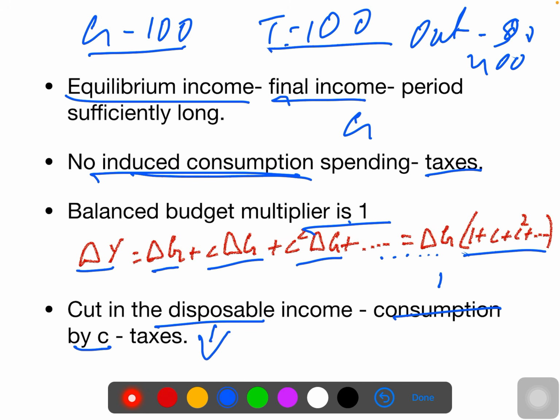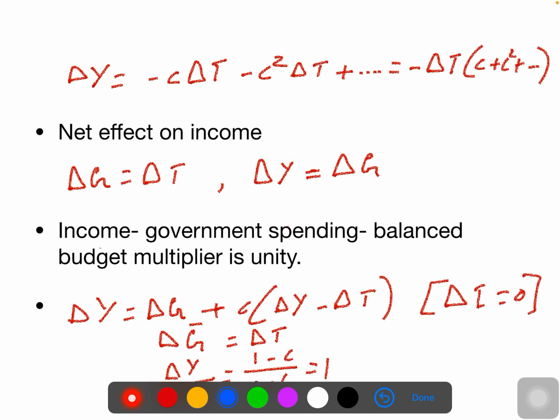Thus the effect on income of the tax increase is given by the formula: change in Y equals change in T times (c plus c square plus dot dot dot). In this case, the difference between the two gives the net effect on income.